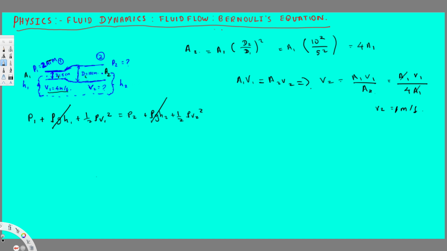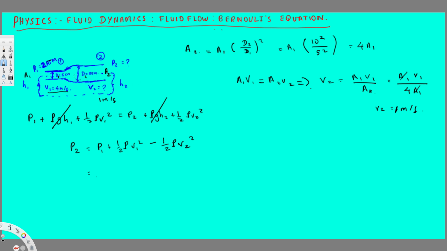Let's find P2. Here V2 is equal to 1 meter per second. To find P2, I have to rearrange this equation. So P2 is going to be equal to P1 plus half rho V1 square minus half rho V2 square, right? That's the equation.